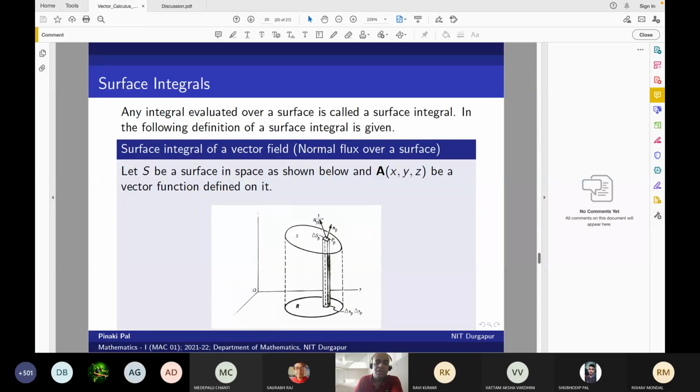At this point we have calculated the vector A_P, and we have the unit normal in this direction as shown in the picture. Now you can define a scalar quantity by considering the component of A_P along the normal direction. How do you get that component? Since this is a unit vector, you just take the dot product of A_P and N_P. Note that A_P is a vector and N_P is a unit normal vector. You take the dot product and you will get a number.